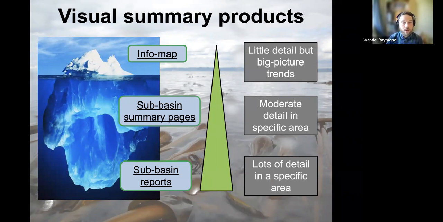The info map doesn't have a lot of detail, but it shows big picture trends across the state and within different regions of the state. Moving down, sub-basin summary pages have a little more detail about a specific area, and then sub-basin reports have a lot of detail about that specific area presented in almost a scientific paper type format. Next slide.